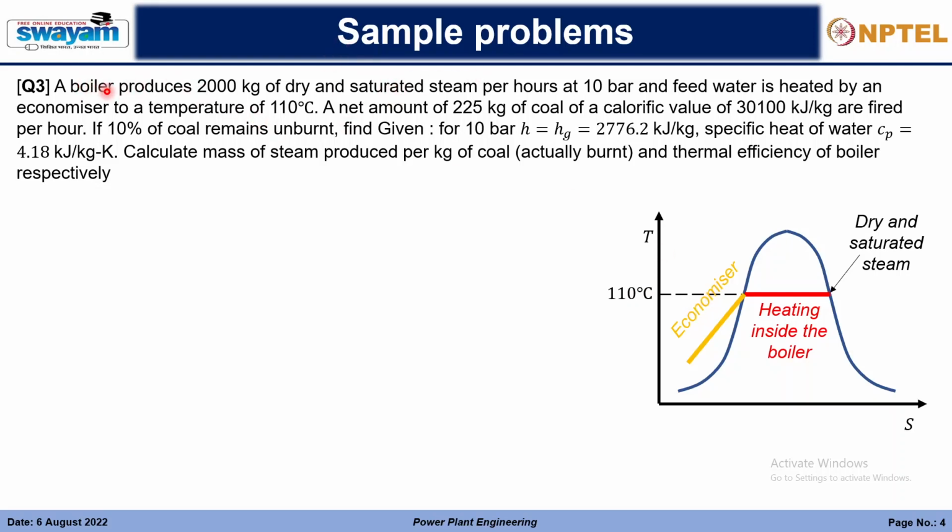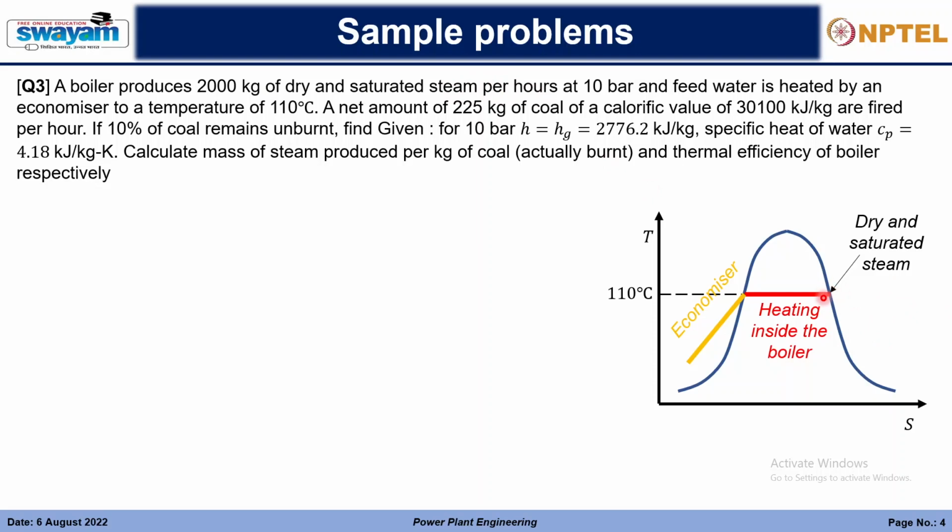The question says that a boiler produces 2000 kg of dry and saturated steam per hour at 10 bar, and feed water is heated by an economizer to a temperature of 110 degrees Celsius. Now, here it is given as 200 kg of dry and saturated steam.